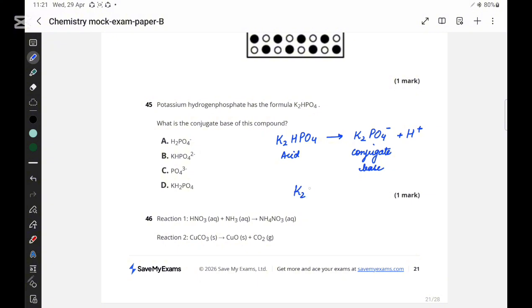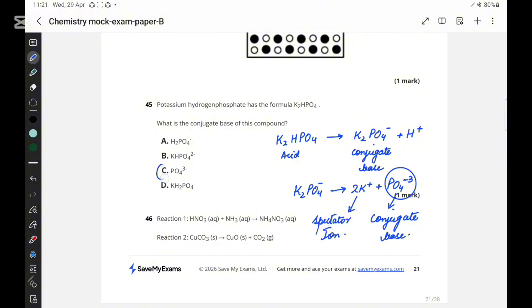And K2PO4 minus forms 2K positive plus phosphate ion PO4 3 minus. So basically this phosphate ion is the conjugate base, because K positive is a spectator ion. So our answer is going to be C.